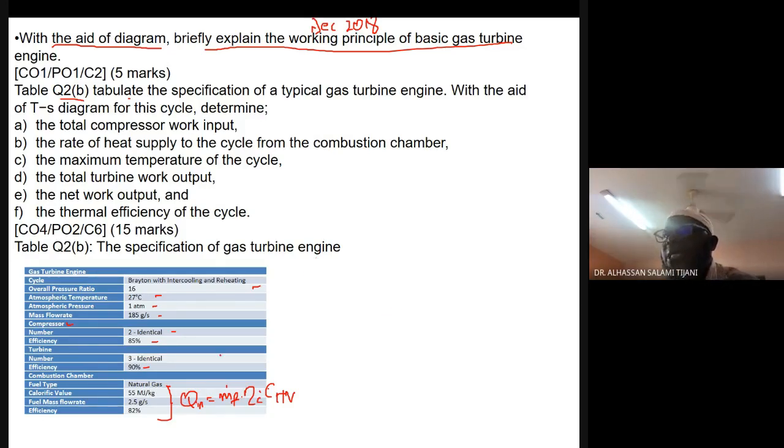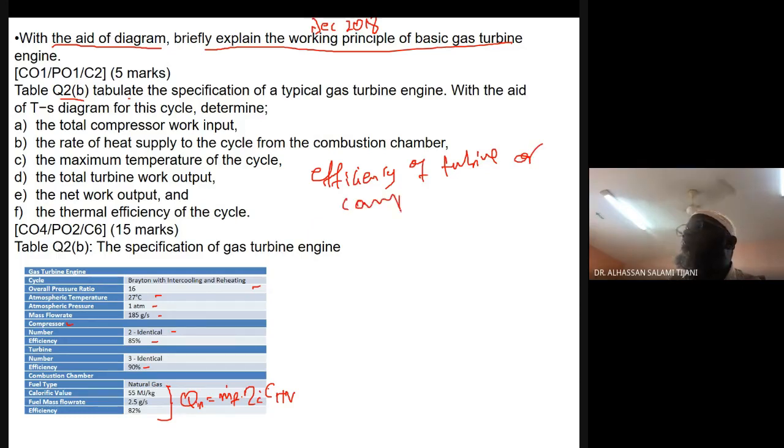Now as long as we know that, anytime they mention efficiency of the turbine or compressor, it means they are referring to isentropic efficiency for the turbine and isentropic efficiency for the compressor.